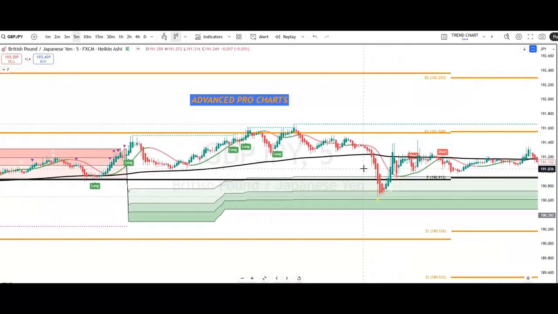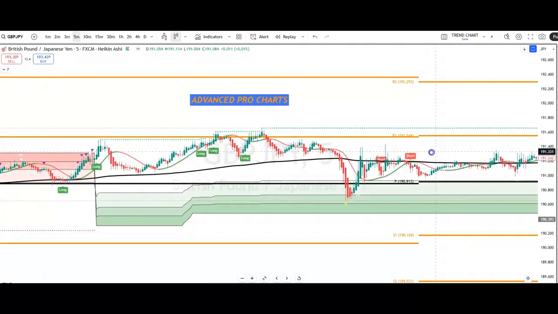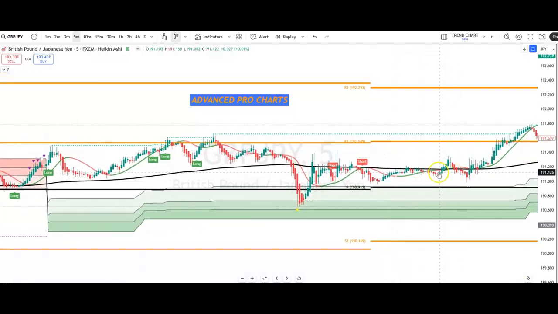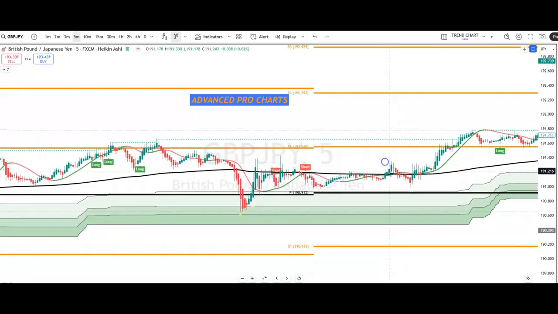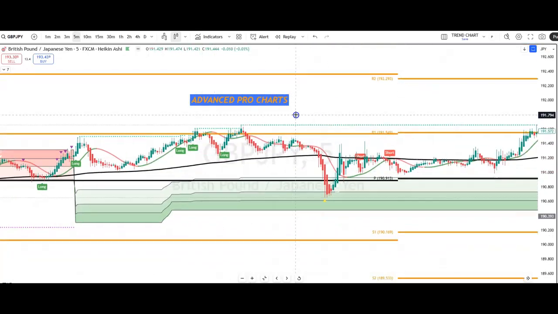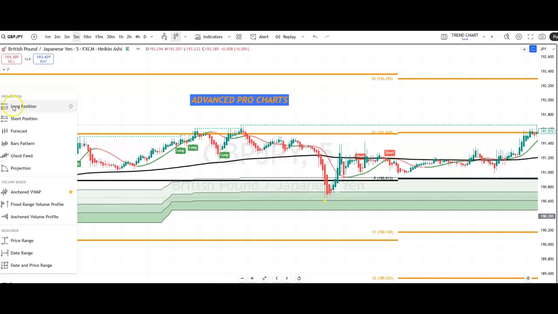But let's have a look at the price as it bounces off here, moves above the 200-day moving average. And this is the 50 moving average here as well. Now you could buy anywhere along there, it doesn't matter, because your stop is going to be below that area here.